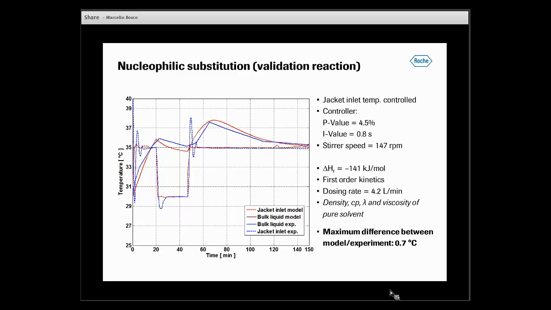We assumed first order kinetics, a dosing rate of 4.2 liter per minute, and we made the calculation with density, heat capacity, conduction coefficient, viscosity of the pure solvent. And we were very accurate in the prediction of the temperature itself.